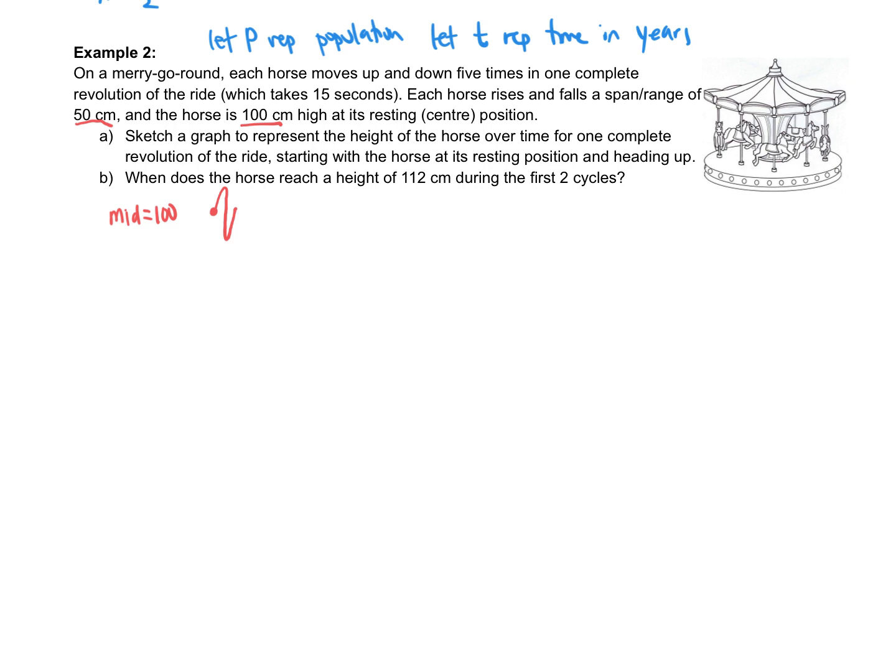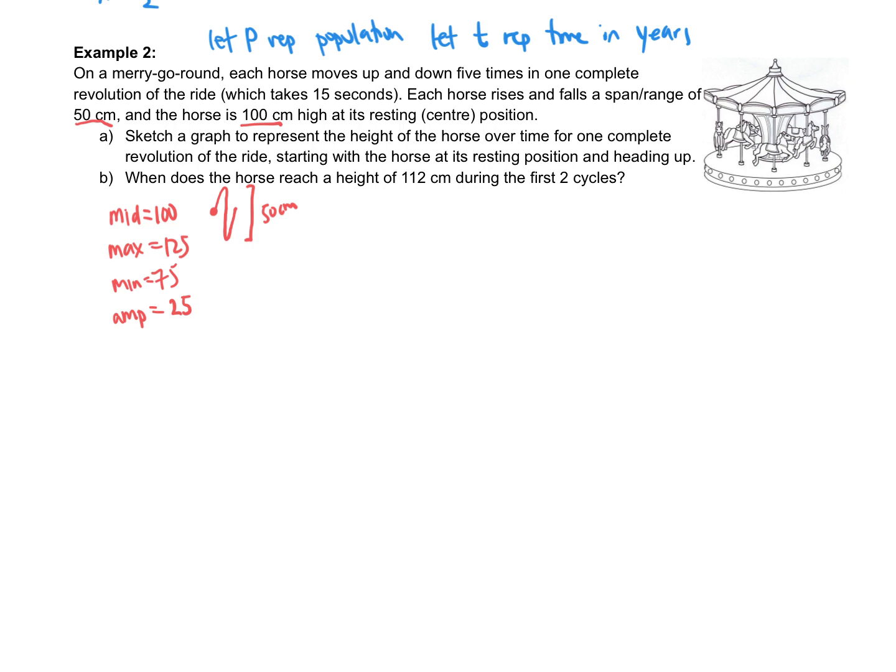This is the motion that the horse is doing. And this motion spans 50 centimeters in total. And if we split that in half, that means 25 centimeters above the midline, 25 centimeters below, which would make my maximum 125, my minimum 75, and my amplitude 25, because 25 above the midline, 25 below the midline.